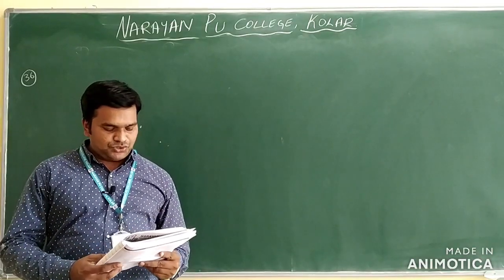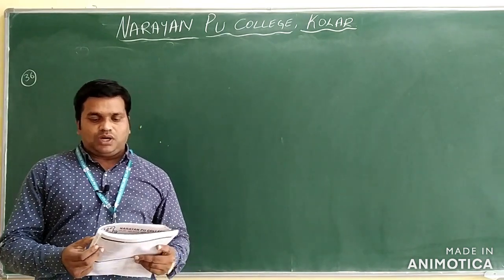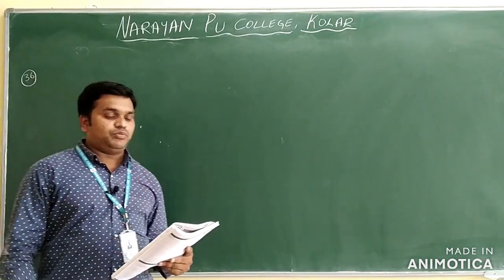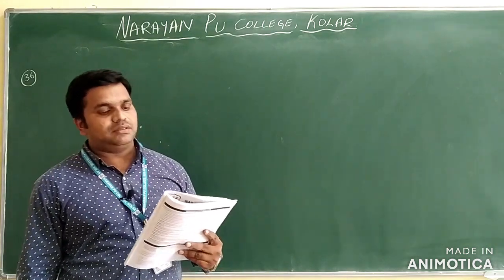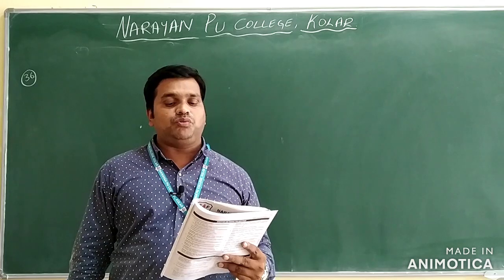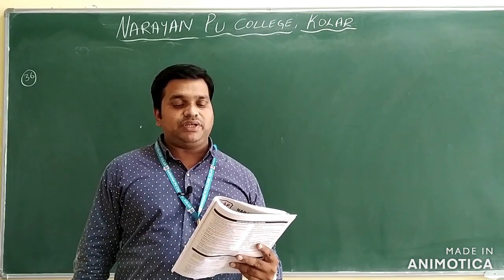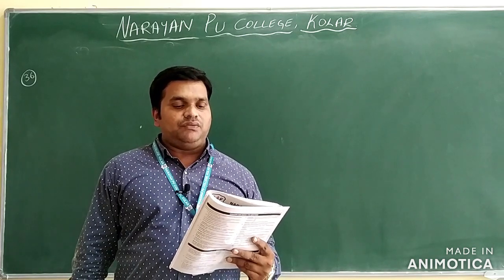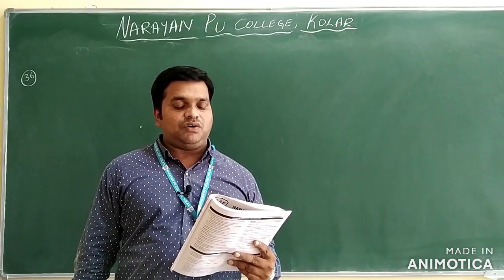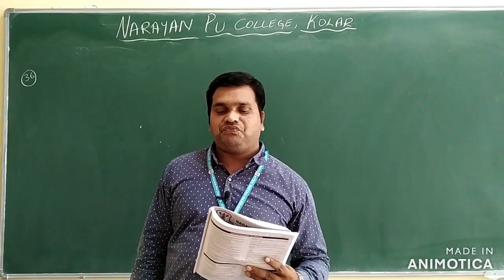Next, we have question number 36. What is the approximate volume of 0.4 molar barium hydroxide that must be added to 50 ml of 0.30 molar NaOH to get a solution in which the molarity of OH minus ions is 0.50?